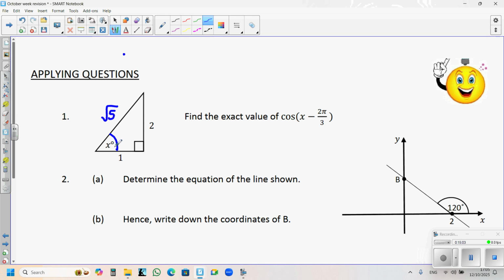Now, what we want to do is work out the exact value of cos of (x minus 2 pi over 3). So we're going to look at our information sheet and find out what cos (A minus B) is equal to.